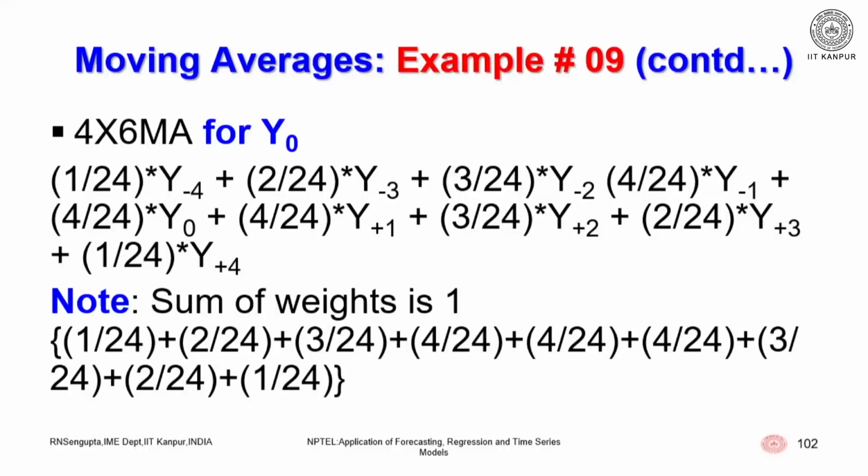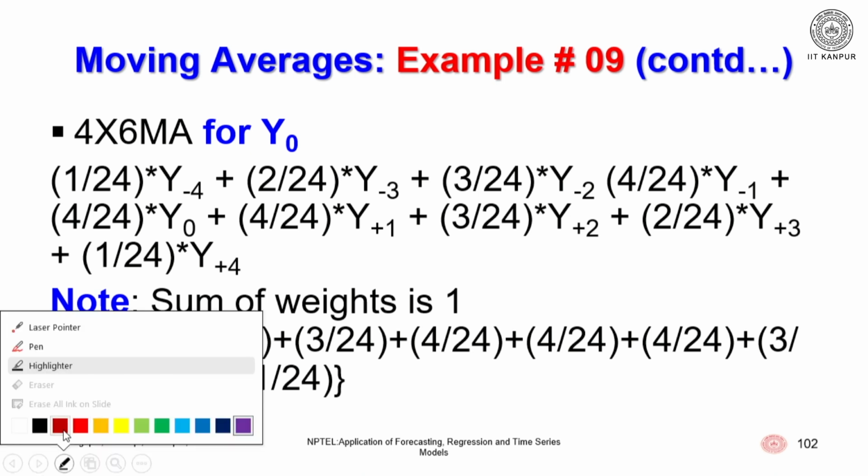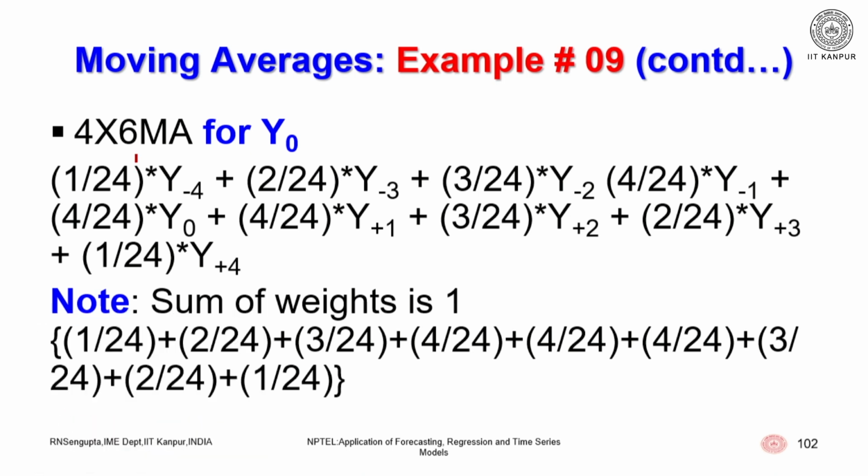So, for 4 cross 6 for y naught, the weightages are: y minus 4 is 1 by 24, y minus 3 is 2 by 24, y minus 2 is 3 by 24, y minus 1 is 4 by 24, y naught is 4 by 24, y plus 1 is 4 by 24, y plus 2 is 3 by 24, y plus 3 is 2 by 24, and y plus 4 is 1 by 24.